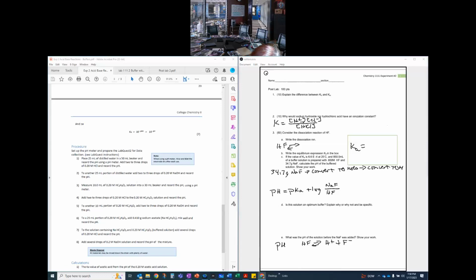Okay, so I want to know, what is the equilibrium for the H based on the concentration that you started with, which is 0.650 mole. Okay, so what is that H plus that goes with that?